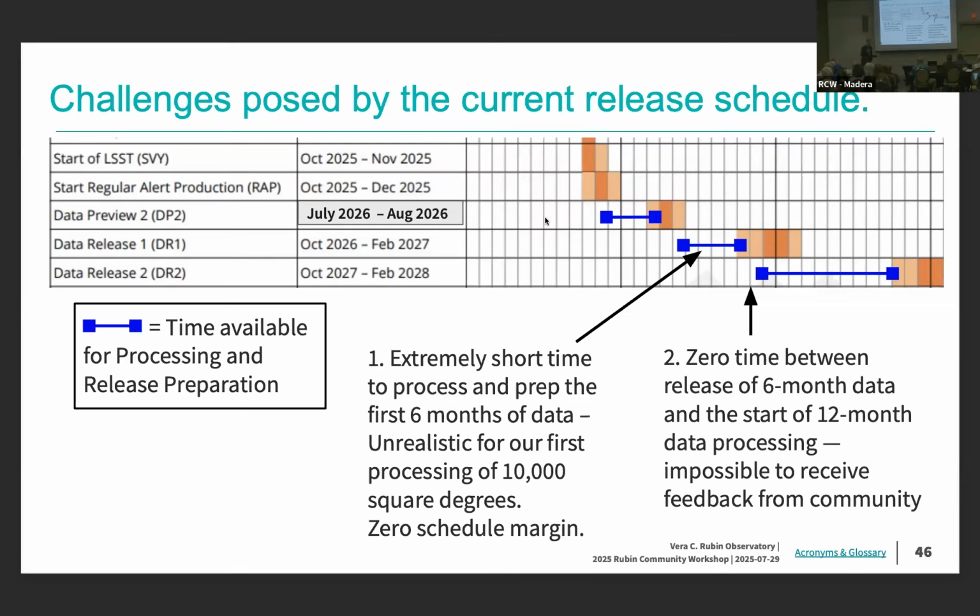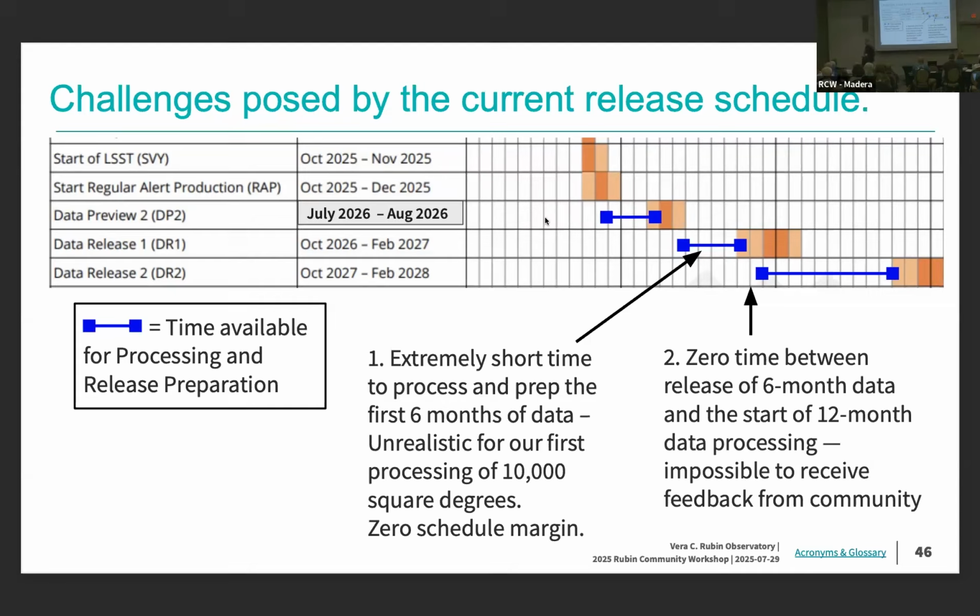And so based on what we've learned from doing that for the past few releases, we've come to the conclusion that the existing plan that had us going straight from data preview 2 to a data release based on 6 months of LSST survey data, and then immediately needing to turn that around in 6 months in order to make time to start processing the next release, is just infeasibly aggressive.